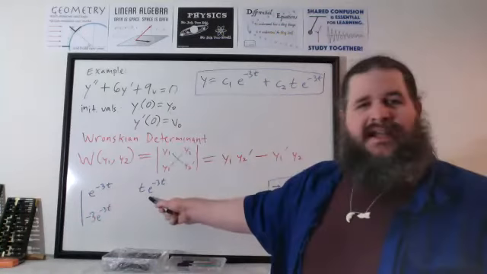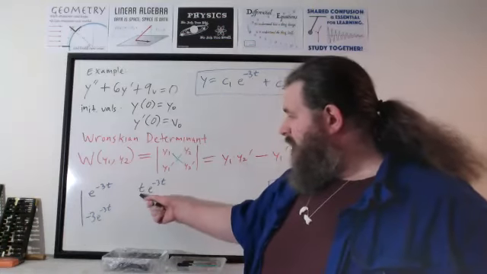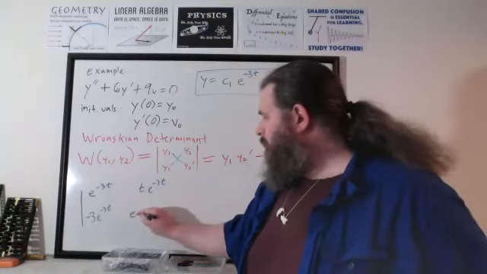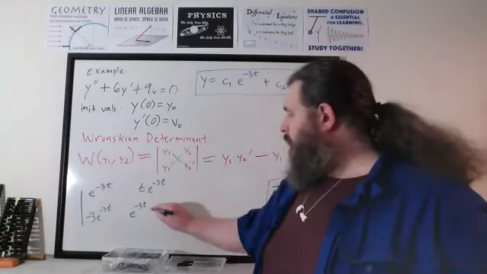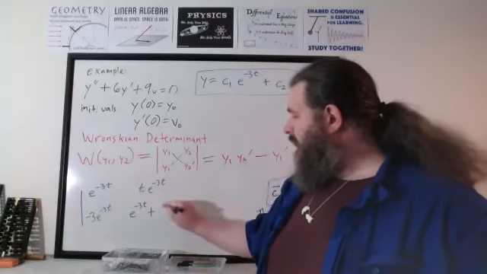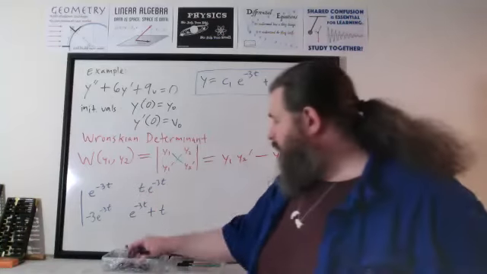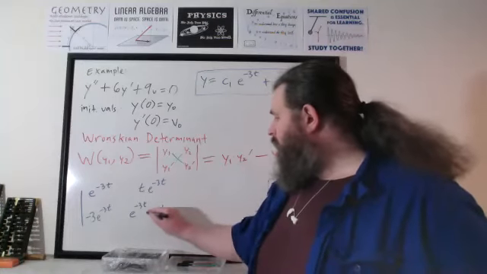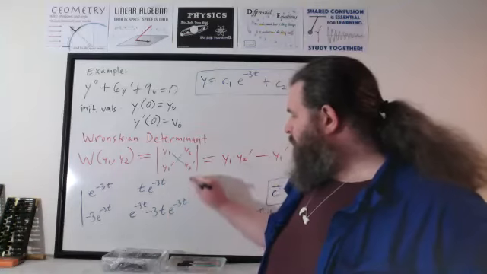And then derivative of t e to the negative 3t, we can use the product rule again. T derivative becomes 1. So we just get 1 e to the negative 3t plus first thing exactly as is times derivative of the second thing. Gets a negative 3 from the chain rule. So negative 3 e to the negative 3t times t.